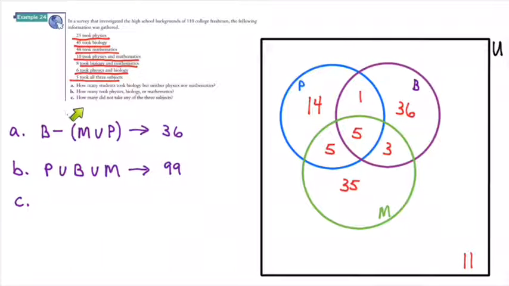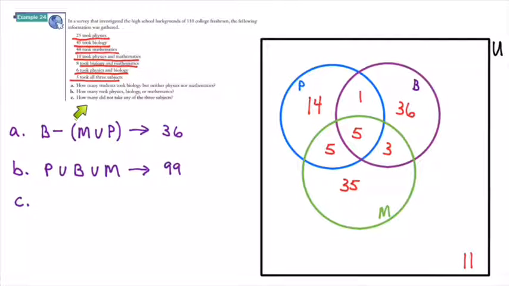And then finally part C says how many did not take any of the three subjects. Well, we know already that part B is the set of students who did take any of those three subjects or a combination of those three subjects.